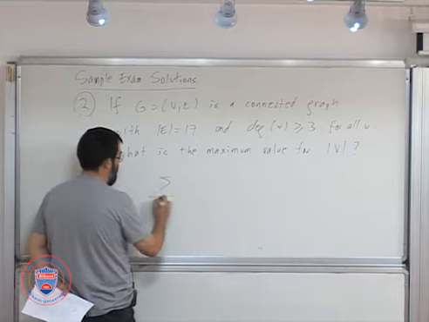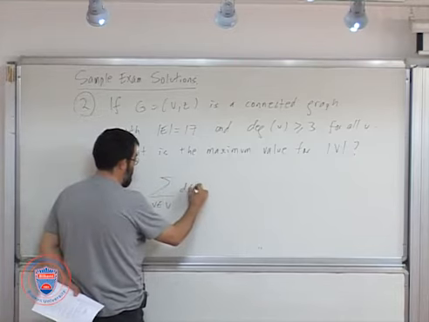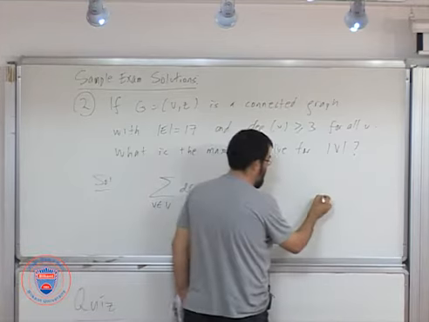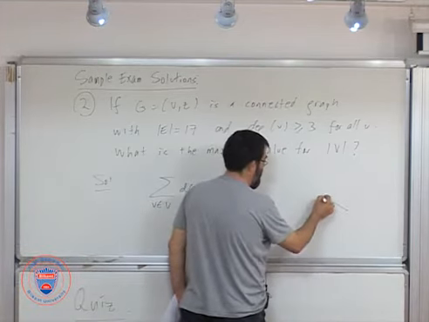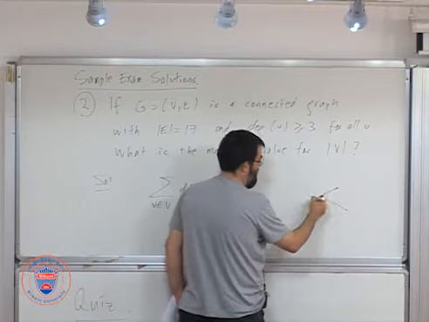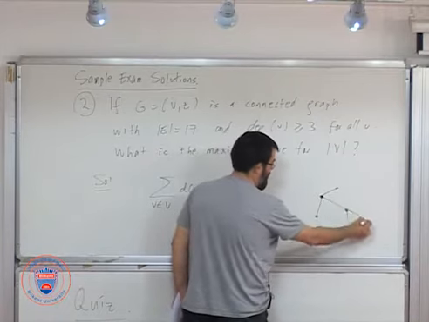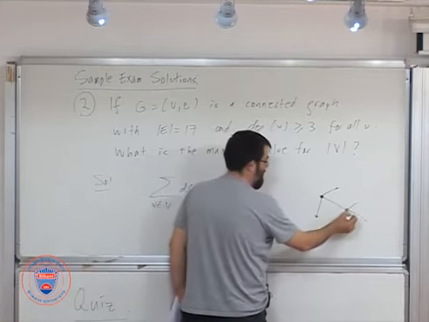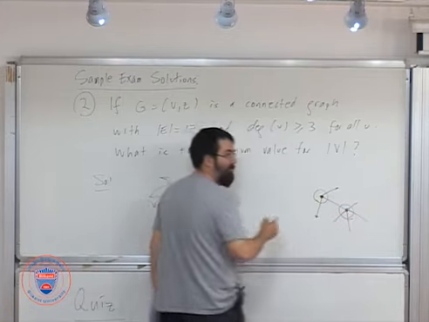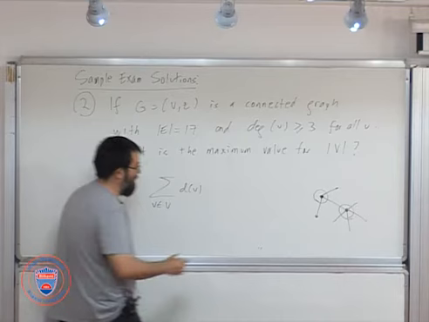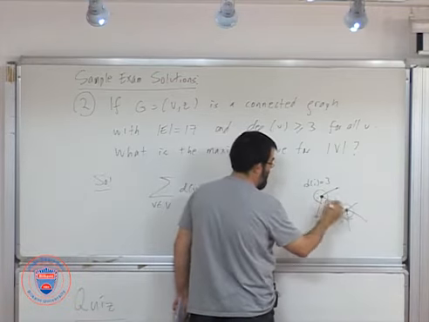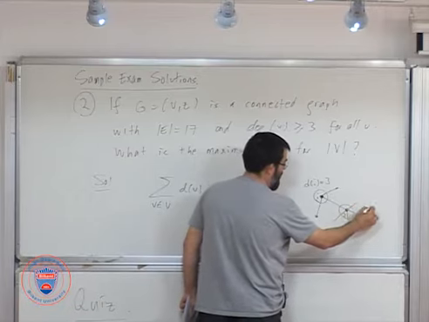So if you sum over the vertices the degrees, degree means the edges attached to a vertex, right? So here degree is 3, for example. And here degree is 5. So degree is the number of edges here. This is I, this is J. Degree J is 5.